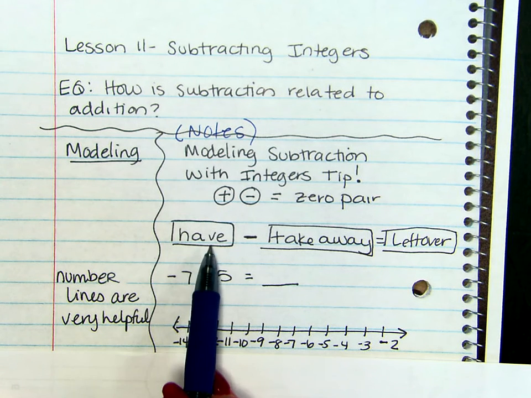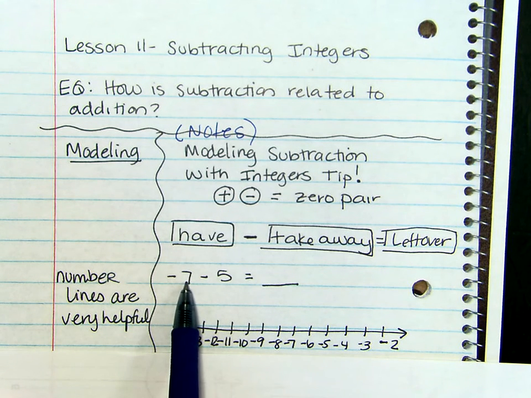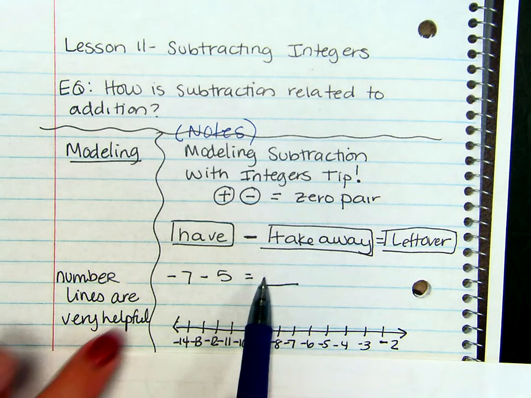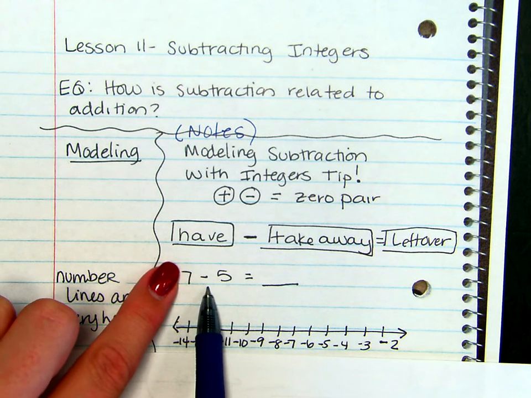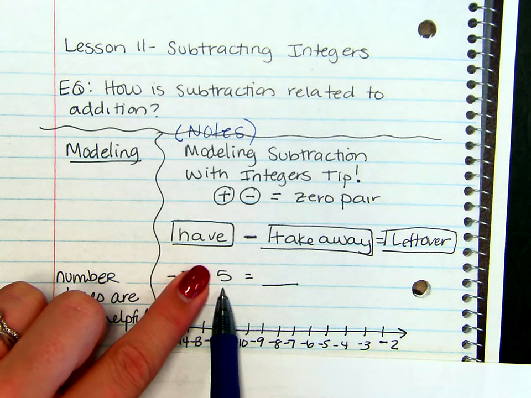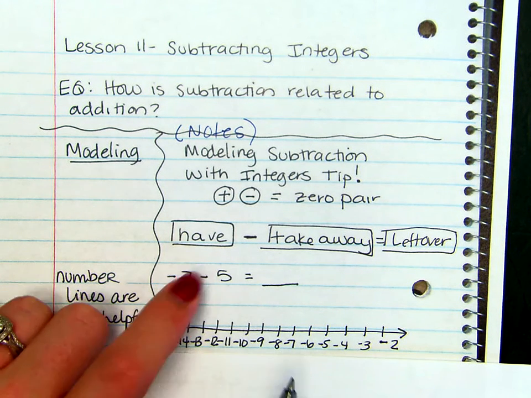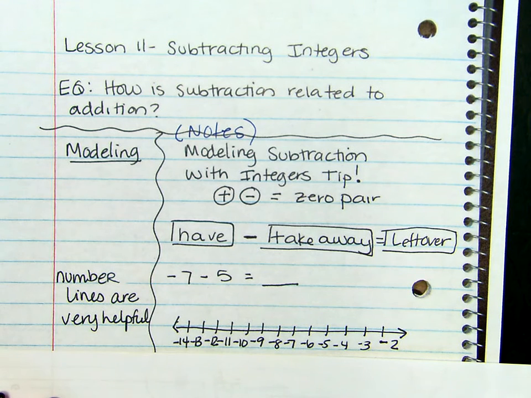So we have -7. We're taking away 5. Because if I move my hand in front of this minus, I'm just left with 5. So if I borrowed $7 and then I took away another $5, how much would be left over?